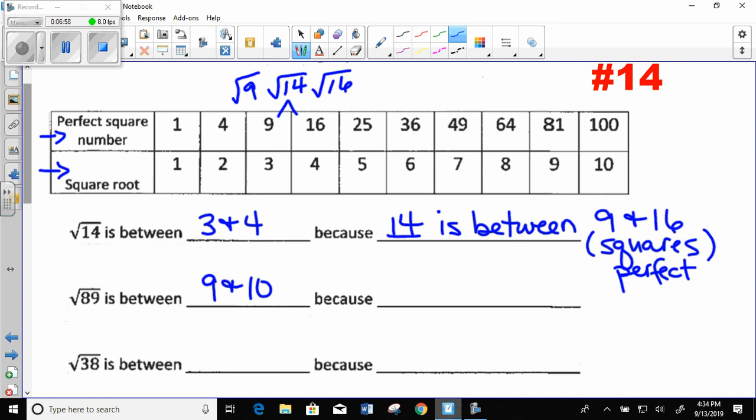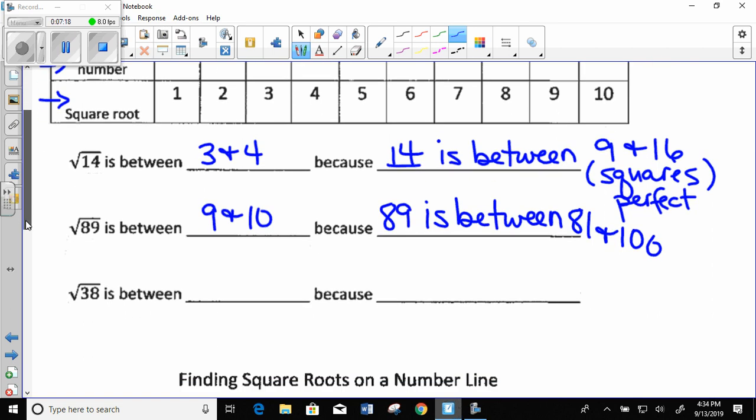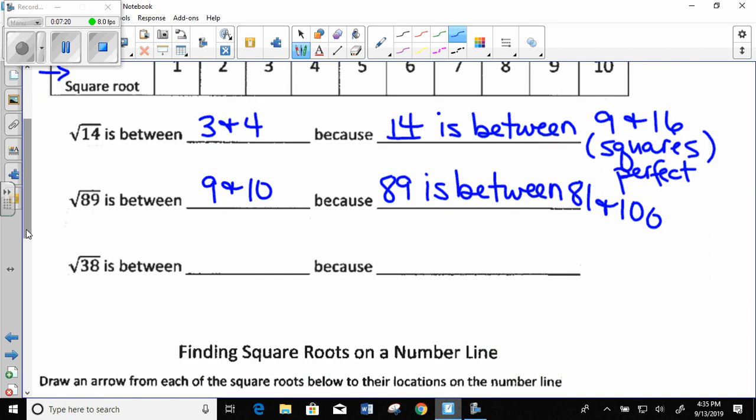Where would the square root of 89 fall? Right here, right? So it's between the numbers 9 and 10 because 89 is between 81 and 100. Pause the video and try the last one on your own.